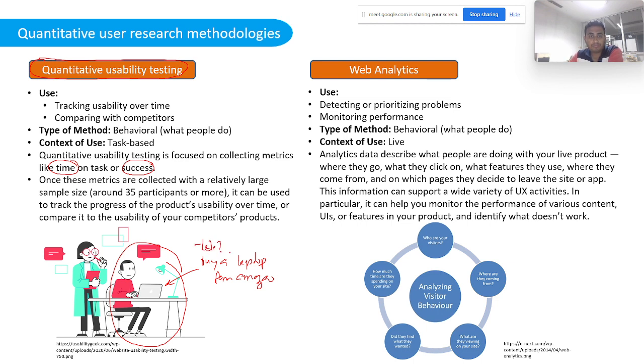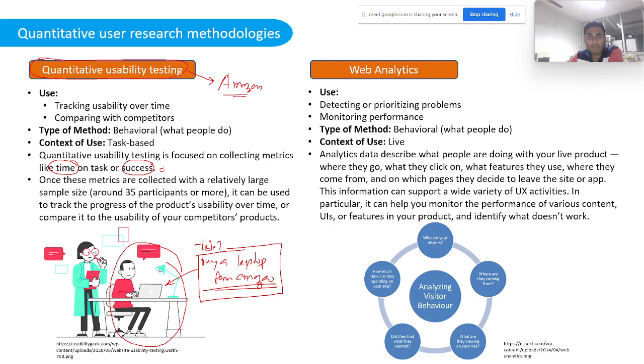Now here we are usability testing the application Amazon. We observe the time, so we record the time of executing this activity, that is buying a laptop from Amazon, and we also capture whether the person is able to complete that task or not.